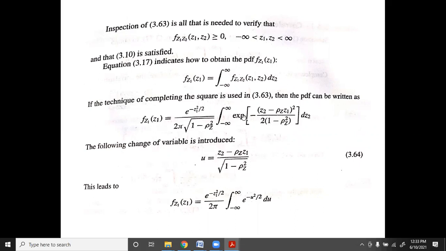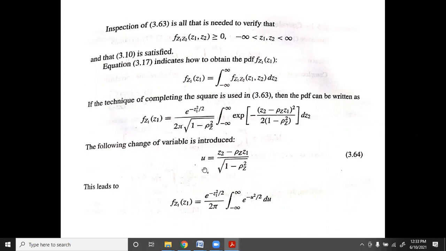So we'll have exponential minus u squared by 2 over here, and the quantity e to the power of minus z1 squared by 2 remains as it is. And here, once we write u, we need to find the corresponding du. U is equal to this.